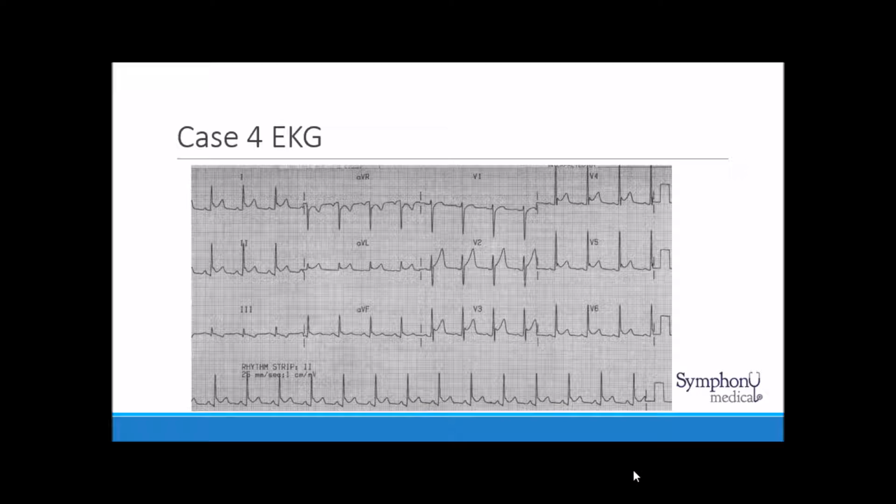Oh, there's reciprocal depression in AVR. What else do you notice in AVR? How's the PR segment? It's elevated. Is there PR depression elsewhere? How about in lead 2? Yeah. Okay. So what do we think?